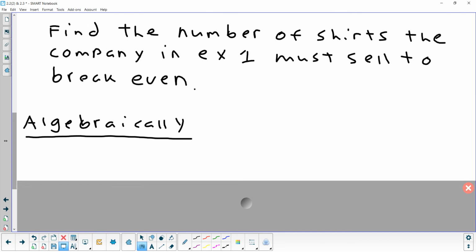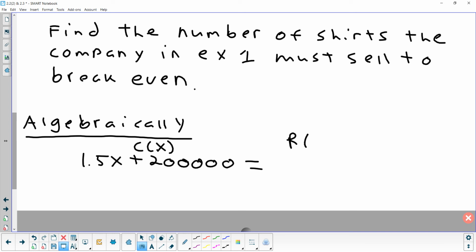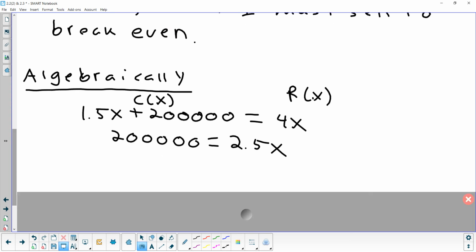All right. C of x, was that the 1.5x plus 200,000? Okay. That's C of x. And what was R of x again? 4x. 4x. And let's solve. So we have 200,000 equals 2.5x, and then divide each side by 2.5.